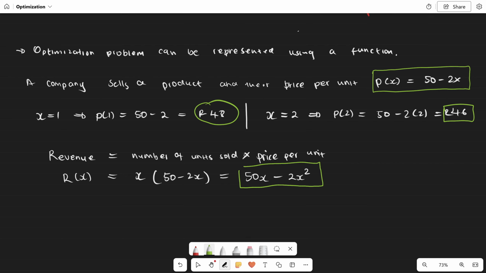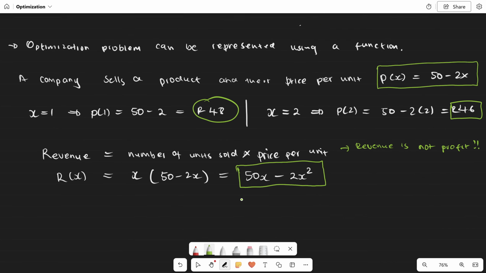It means this is the money that we will make before we remove the cost. This is not the profit. This is just the money that you make from selling. Let me just write this down: revenue is not profit. This is just the money that you get after selling.